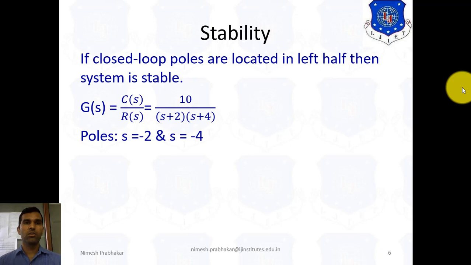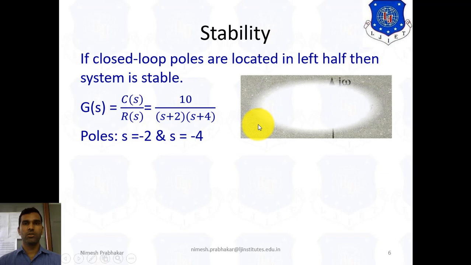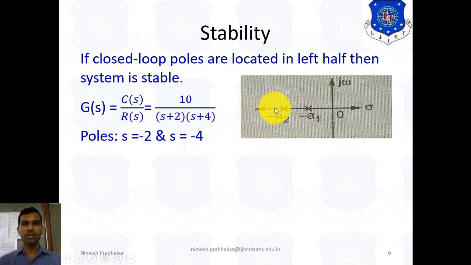The poles are s = -2 and s = -4. So these two poles are represented in the left hand side. This is the real axis, and this is the representation of both poles.